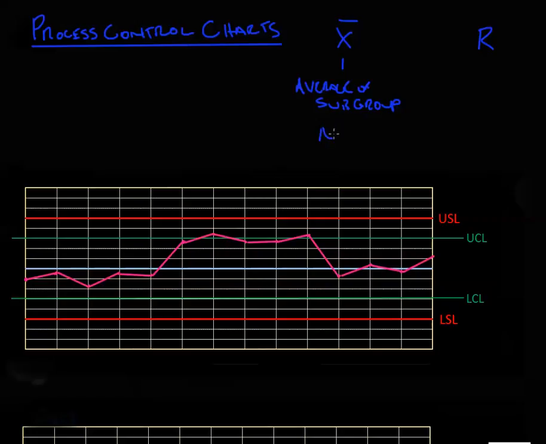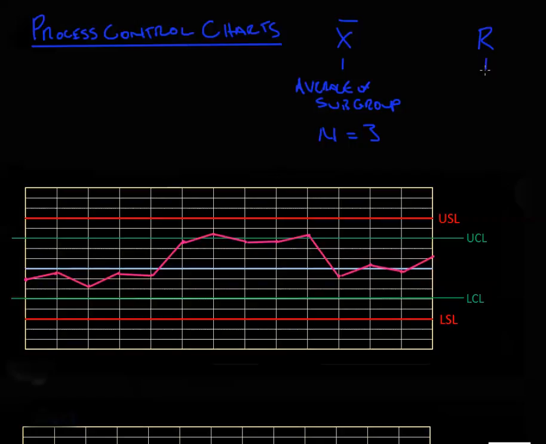N is the symbol for subgroup or sample size, so we're talking about N equals 3. On an X bar chart, we take the average or the arithmetic mean of the 3 samples, and then we plot that as a single point. That's just one type of control chart.